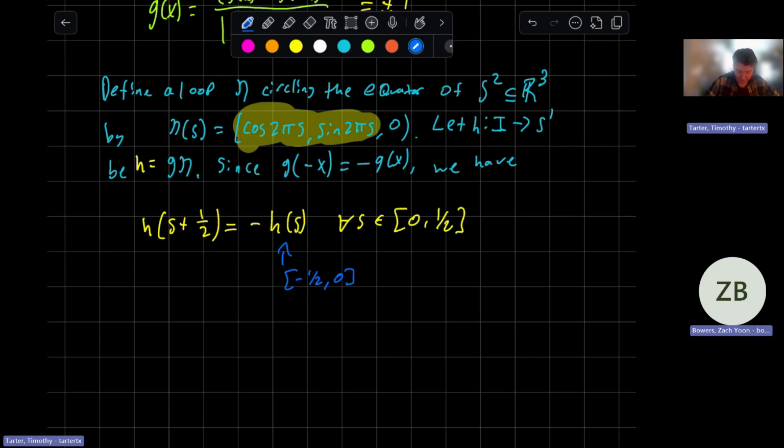I'm trying to figure out why g of minus x equaling minus g of x induces the relation. Let me share my screen, because it'll help make some things clear, I think.